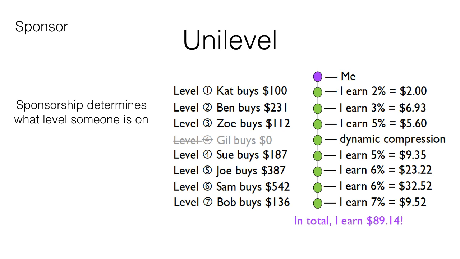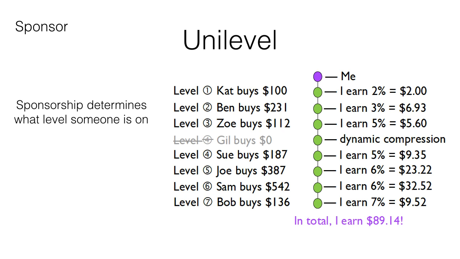This is money that doTERRA is not spending for advertising, marketing campaigns, leasing a storefront and doing all that stuff. So this is paid for your marketing efforts in that regard. People on level 2 are paid 3%, level 3, 5%.